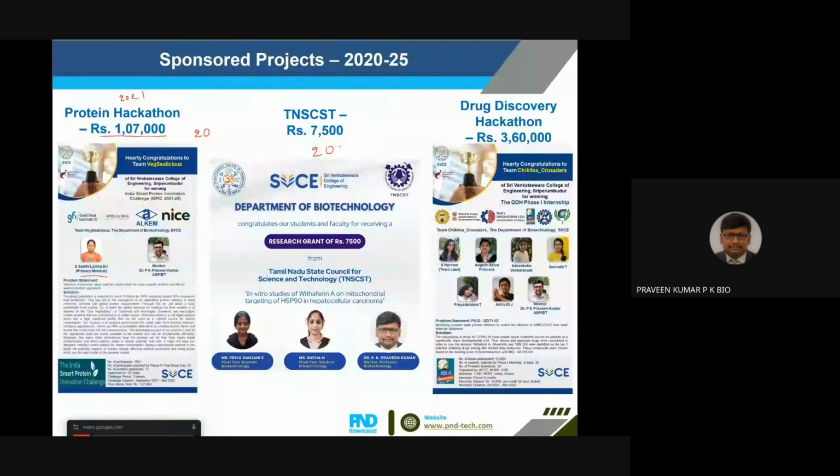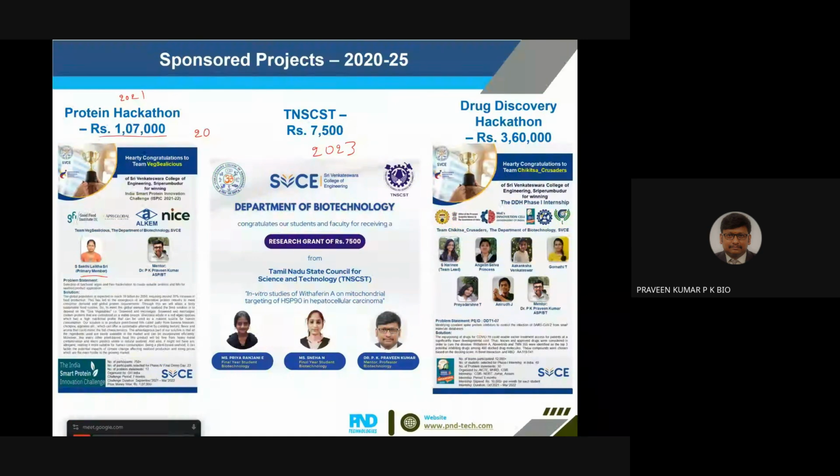And these students have secured this kind of grant, I believe, in 2023 from the Tamil Nadu State Council, related to whatever I worked on in the ANRF project in IIT Madras. This is the drug discovery hackathon project. The students worked on identifying covalent spike protein inhibitors to control the infection of SARS-CoV-2 from small molecule databases.